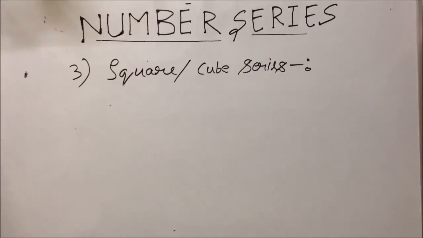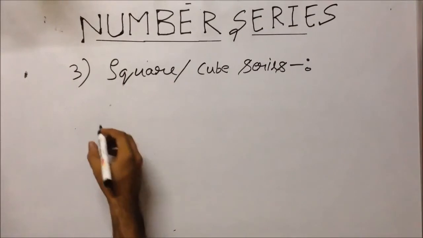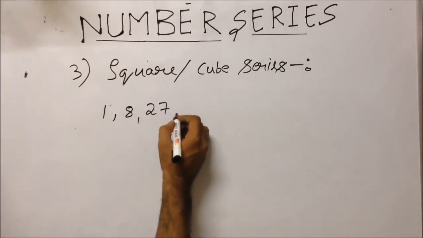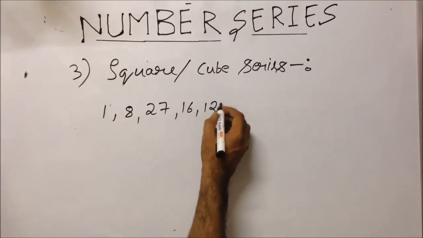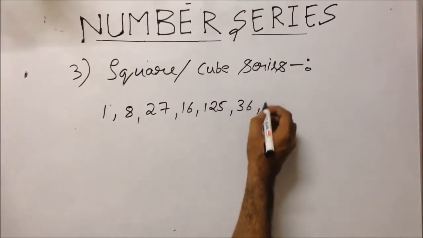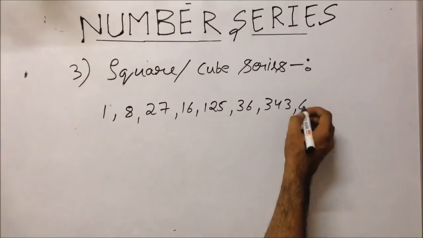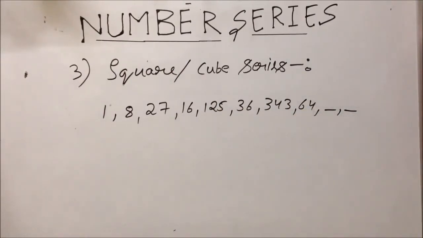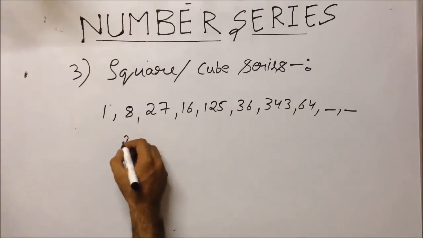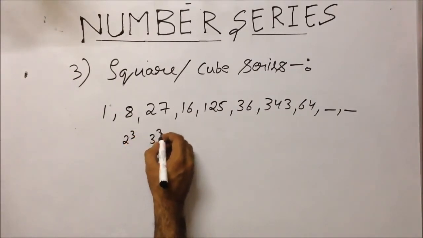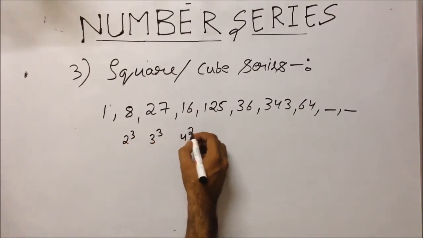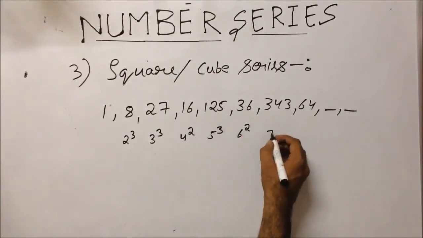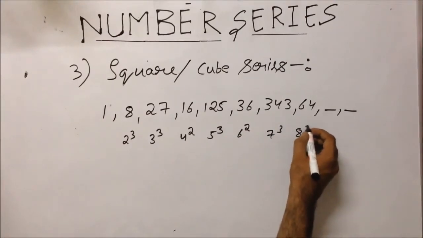Continuing with square and cube series, you will also see questions like these. The question here is 1, 8, 27, 16, 125, 36, 343, 64. Now you need to find the next two numbers. As you could easily see here, 8 is 2's cube, 27 is 3's cube, 16 is 4 square, 125 is 5's cube, 36 is 6 square, 343 is 7's cube, and 64 is 8 square.